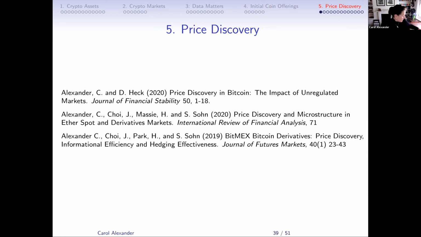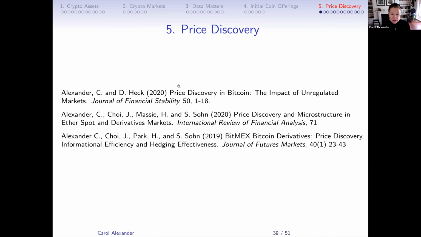And now I'm going on to the second paper. In fact, there are three papers here, but I'm only going to focus on one of them. That's the one with another PhD student, Daniel Heck, who's in his second year now, on price discovery. So this is all econometric analysis based on vector error correction models.